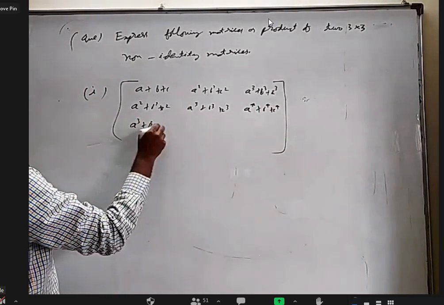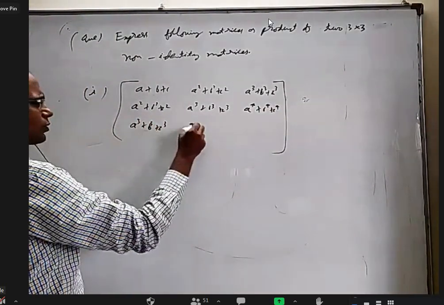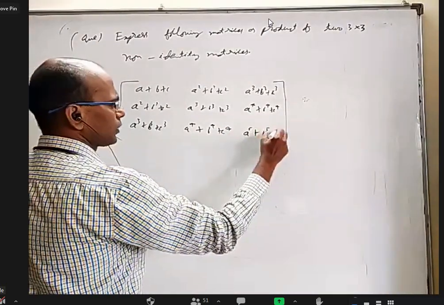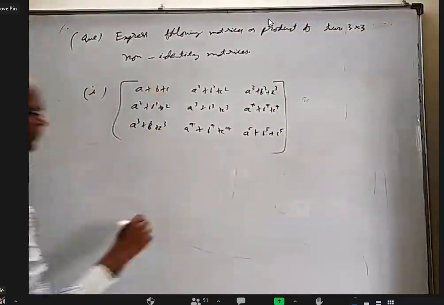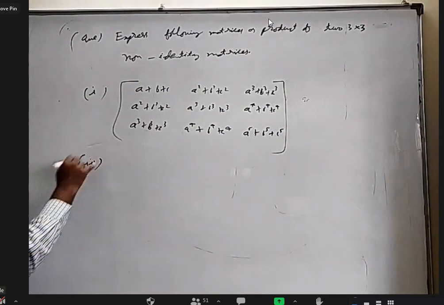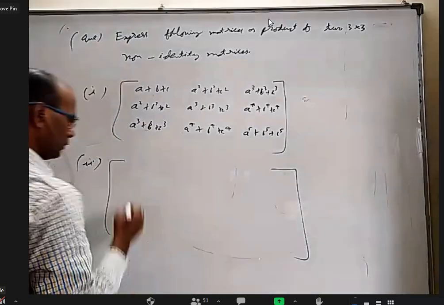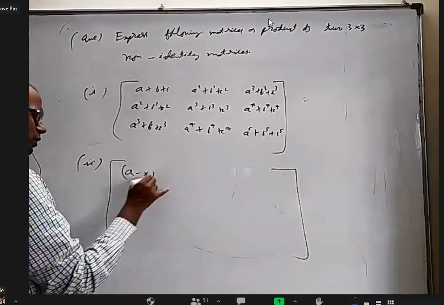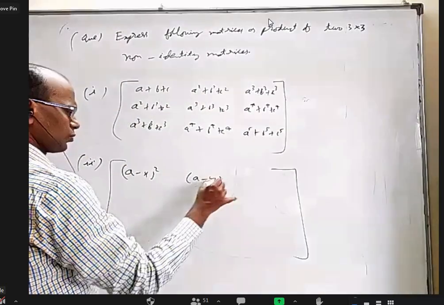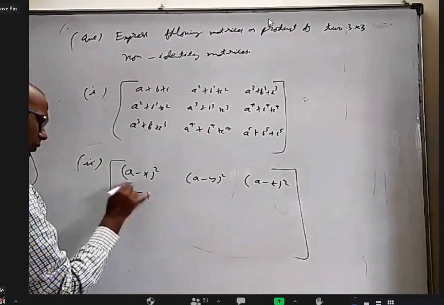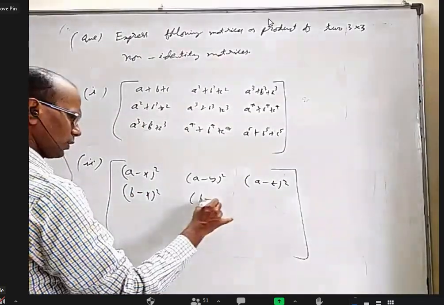A cube plus B cube plus C cube, A power 4 plus B power 4 plus C power 4, A power 5 plus B power 5 plus C power 5. A minus x whole square, A minus y whole square, A minus z whole square, B minus x whole square, B minus y whole square.